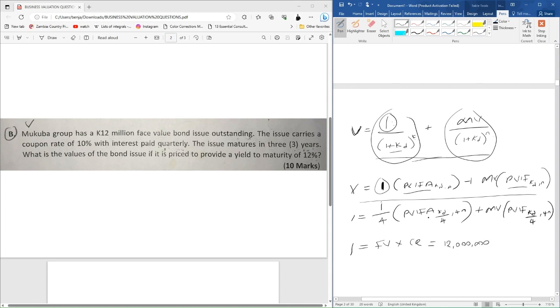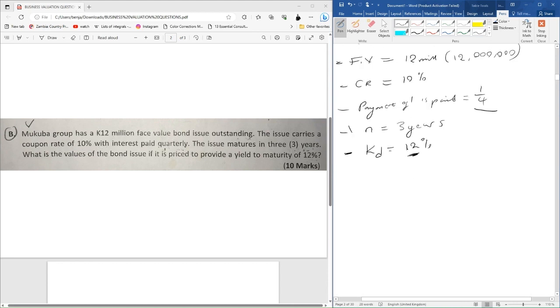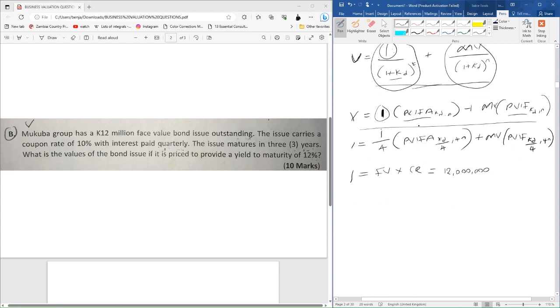And if we look at our data here again, our coupon rate is 10%. So we're going to multiply our face value by 10%, so that we find an I, or our coupon, of how much? 12 million times 10% will give us 1,200,000.